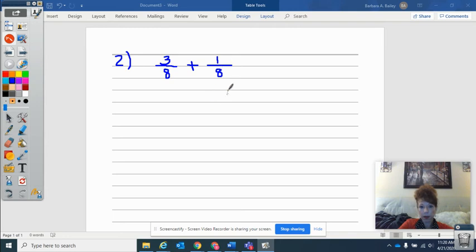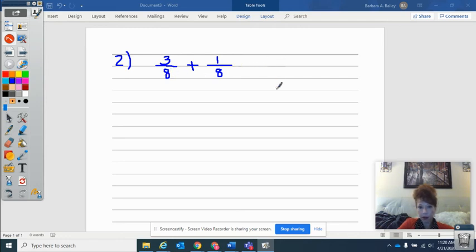So I have 3/8, and I'm going to add to that another 1/8. So again, our denominator is the same. They are like denominators. So I can add these two fractions. Remember, I'm only going to add the numerators. I'm not going to add the denominators.